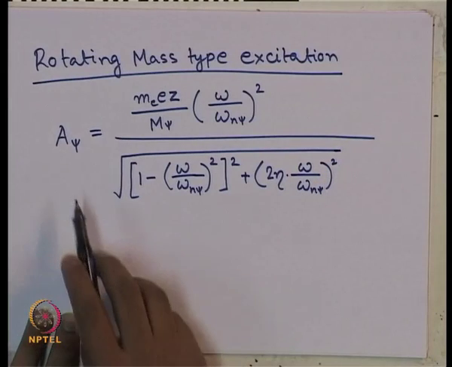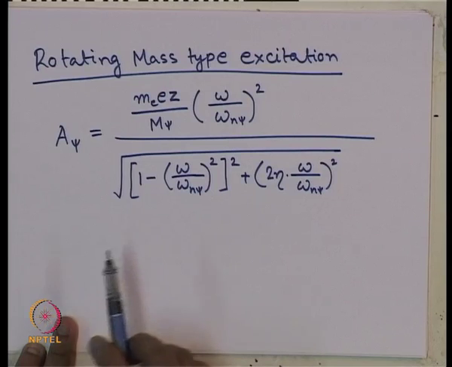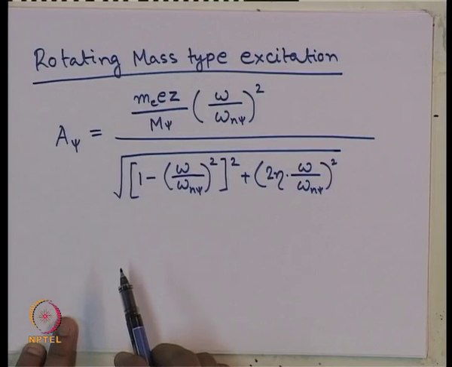This is the expression to get the rotational displacement amplitude for rocking mode in case of rotating mass type excitation.